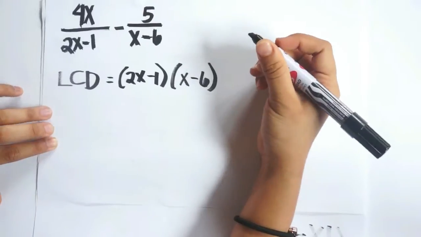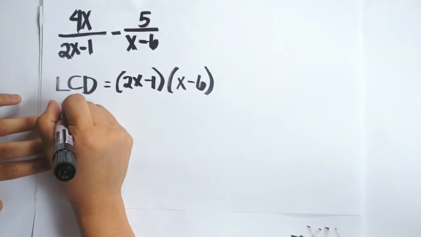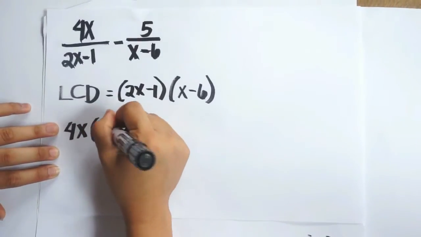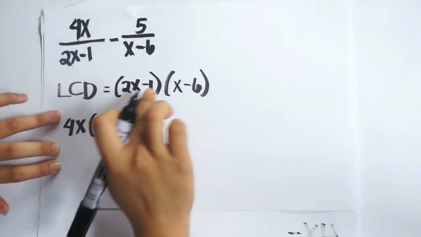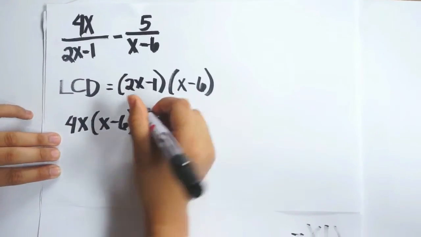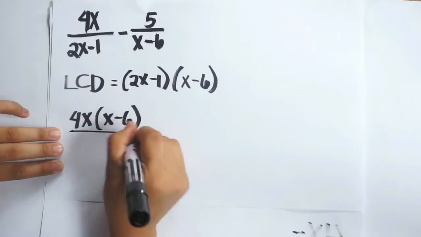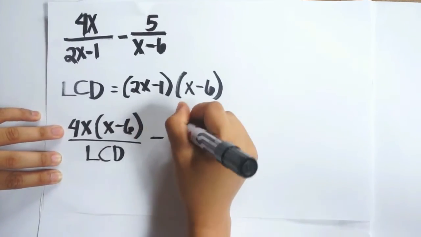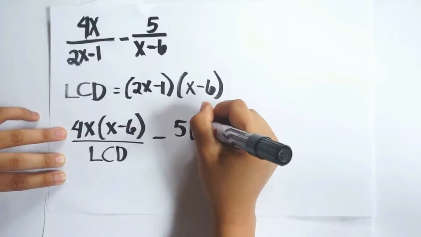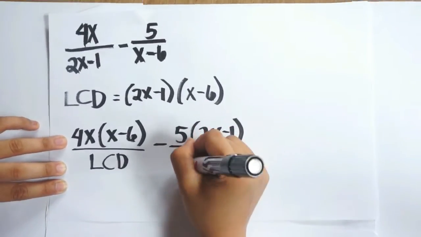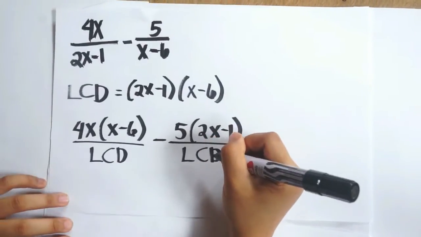So the next thing that we are going to do is to find the new numerators. So we copy 4x times x minus 6, since if we compare the LCD to the denominator, x minus 6 is the only difference, over LCD minus 5 times 2x minus 1 over LCD.